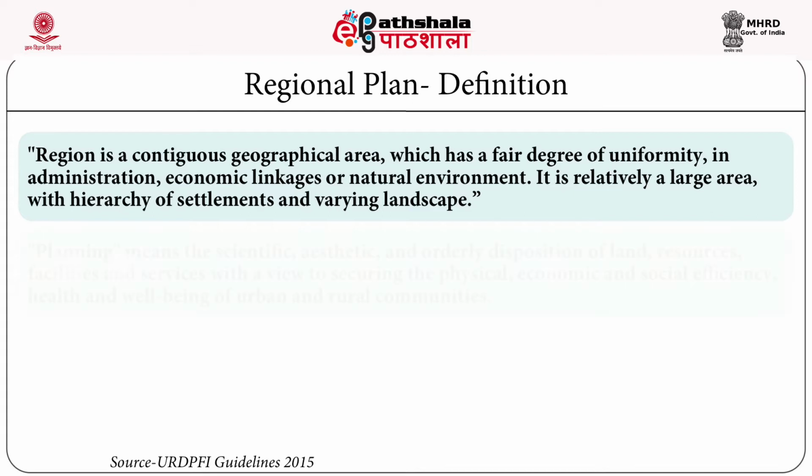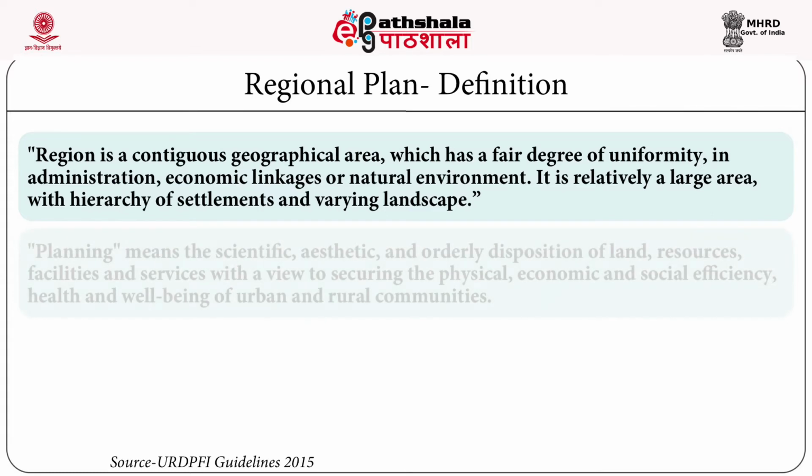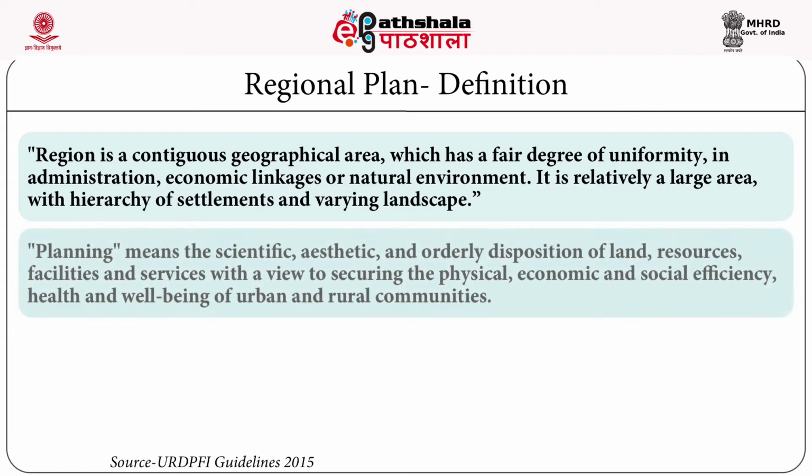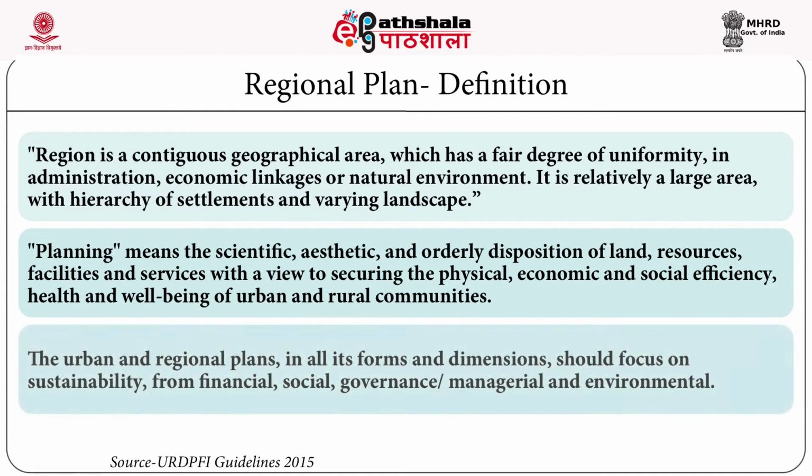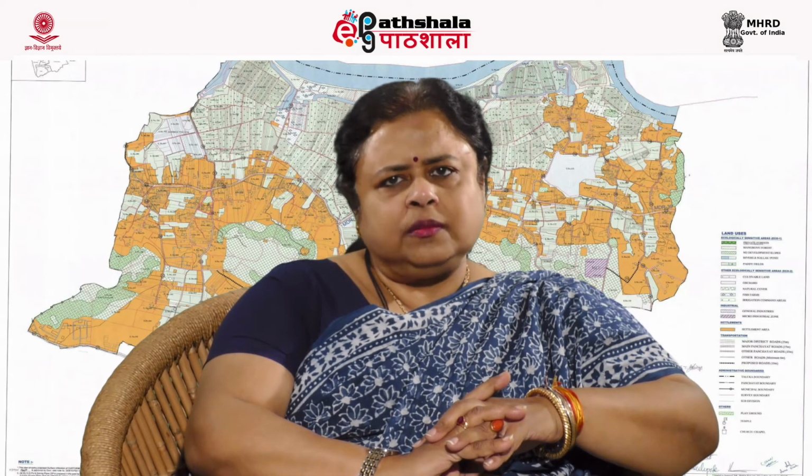And planning means the scientific, aesthetic and orderly disposition of land, resources, facilities and services with a view to securing the physical, economic and social efficiency, health and well-being of urban and rural communities. The urban and regional plans in all their forms and dimensions should focus on sustainability, from financial, social, governance or managerial, and environmental sustainability.